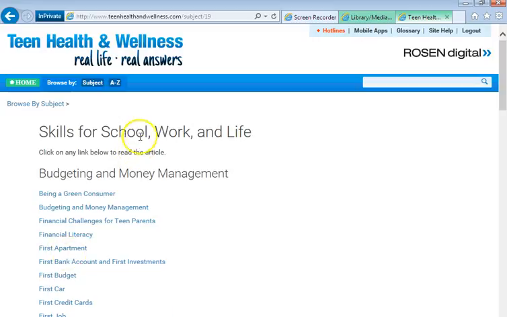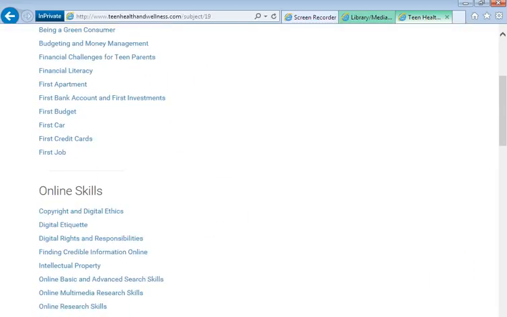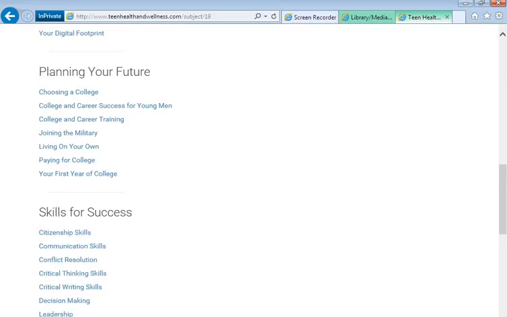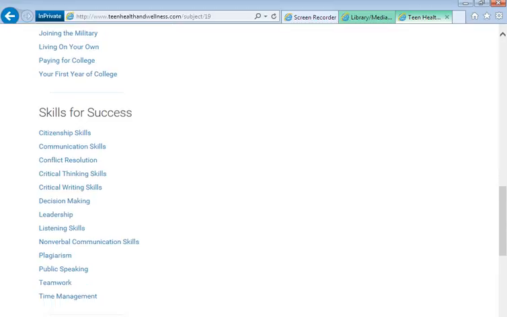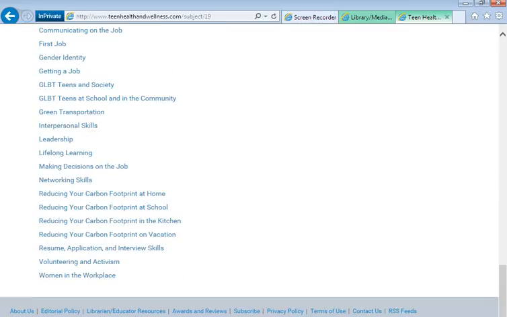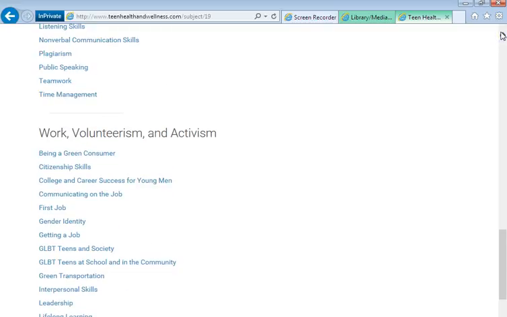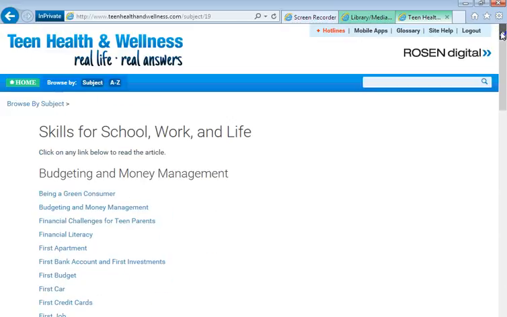So if you take a look at this section, there are various topics that can help you on a day-to-day basis, as well as when you're online, planning for your future, looking for skills for success, working or volunteering information. So there is a wealth of information that is here that will help you to be a better citizen as you maneuver through your daily life.